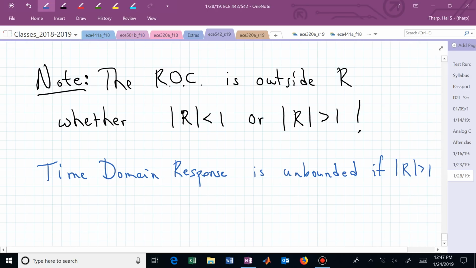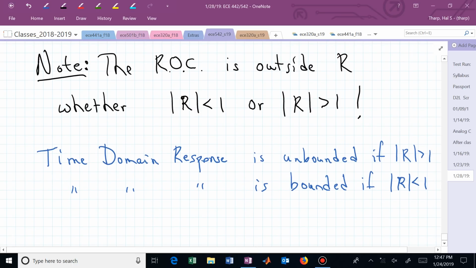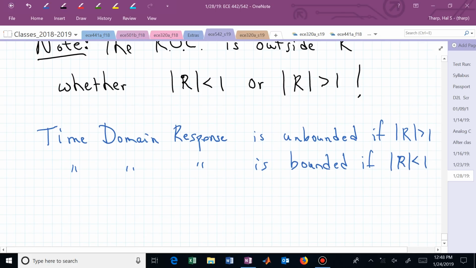If R has a magnitude bigger than 1, the time domain response is unbounded. The time domain response is bounded if R has a magnitude less than 1. But where's the region of convergence? For either of those, it lies beyond R. Hopefully that's clear. So that's for this time domain waveform.